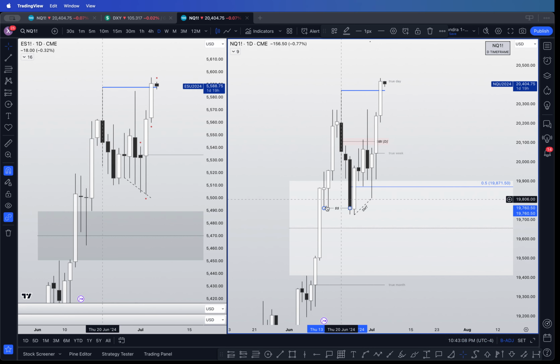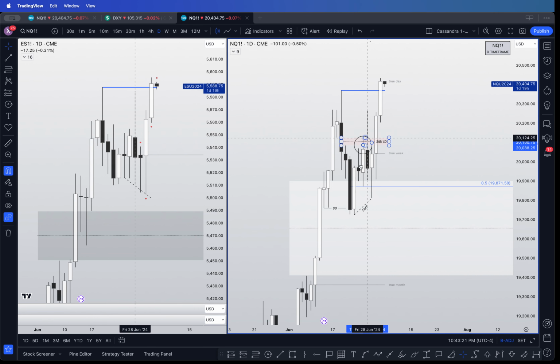Remember, this is the basis for the narrative, that this SMT formed for a reason, to run out these stop losses. So now there's no more liquidity. Where does price chase in the market? Imbalance and liquidity. So because we've already order paired the lows, it's expectationally valid to say I want NASDAQ to be stronger for the rest of the week. It makes sense.